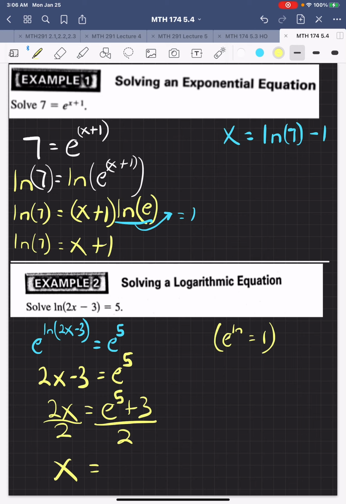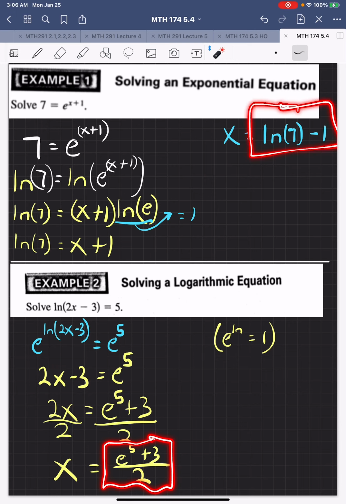So x is equal to e to the power of 5 plus 3, over 2. All right. So really quickly, and then we'll take our break. So this is the answer. This is the answer.